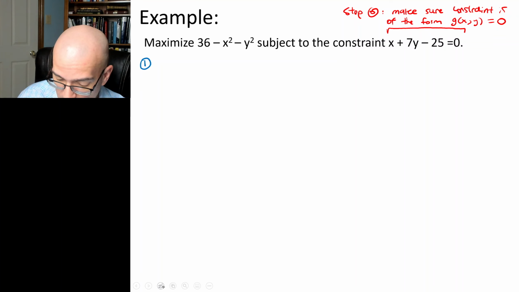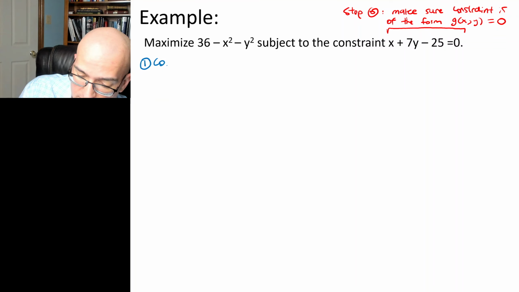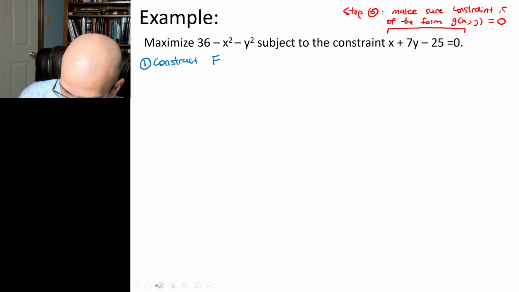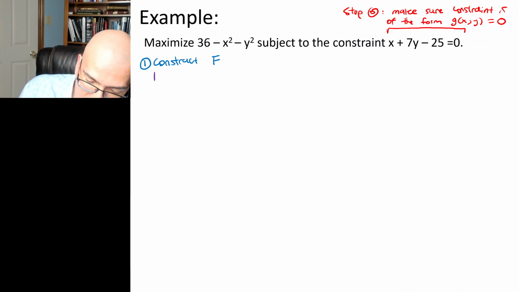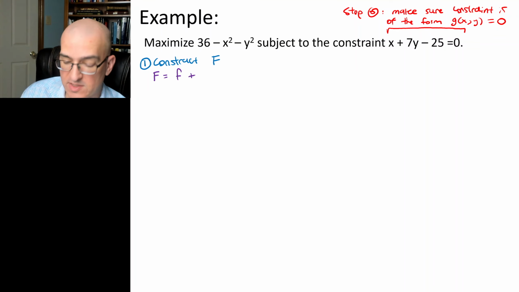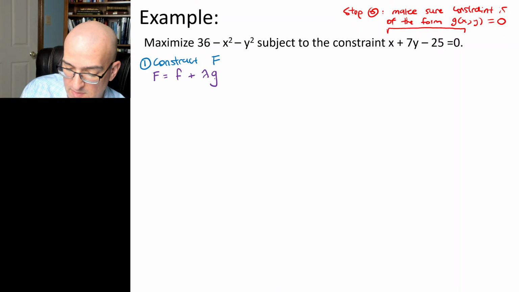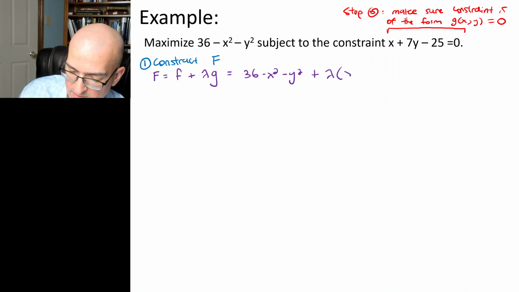Now step 1, we're going to construct the Lagrange function, capital F. Capital F is equal to our objective function, little f, plus lambda times g. So our objective function, 36 minus x squared minus y squared, plus lambda multiplied by our constraint, x plus 7y minus 25.